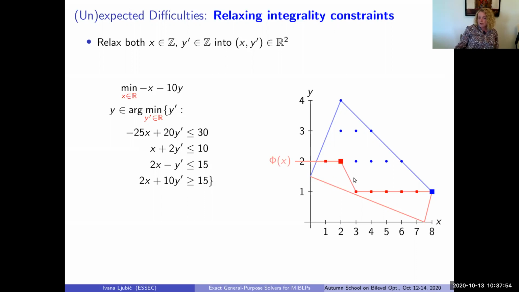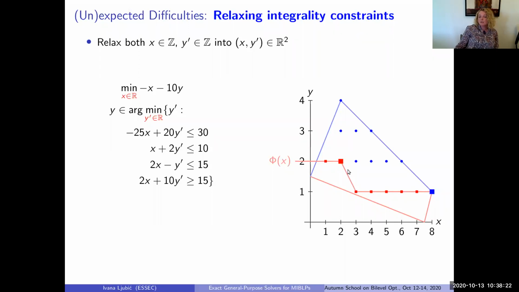Remember that the bilevel feasible solutions in the integer case were those 8 points here. Now, what you can see is that by relaxing the integrality constraints, the relaxed inducible region doesn't even contain the set of bilevel feasible points.